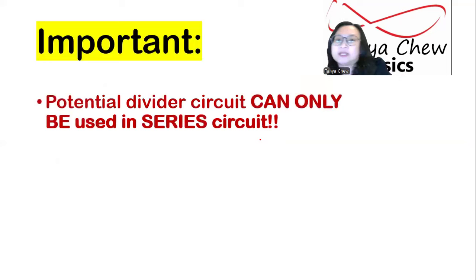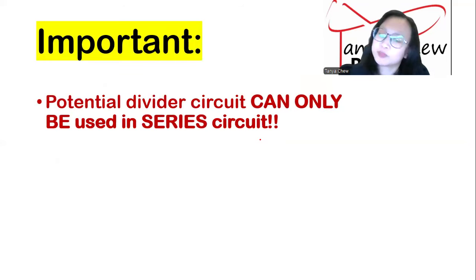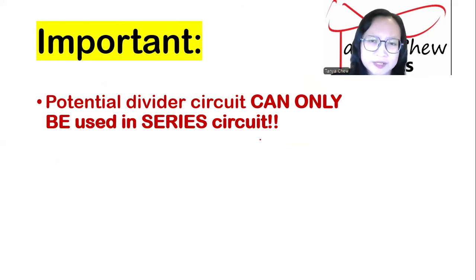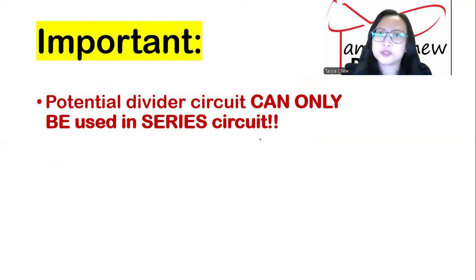Now, an important thing that you should bear in mind is that this potential divider circuit can only be used in a series circuit. But I know most of the time, it is not just a series circuit that's given. Sometimes they will also give you a parallel circuit. Are you not going to use the concept of potential divider?